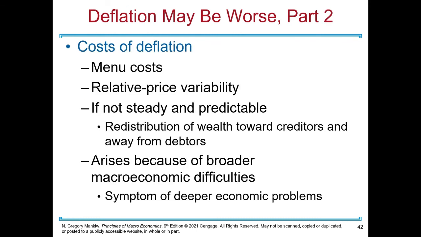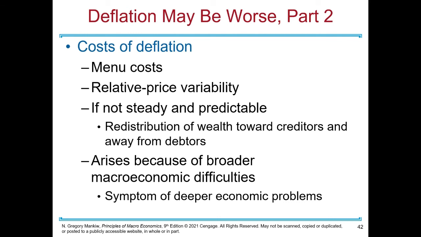I'm already in a bad place. I take on a loan. In the future, prices are worse, and I become even worse off than where I was. So deflation could be a problem for the poor and for people who take on loans, typically poorer people.